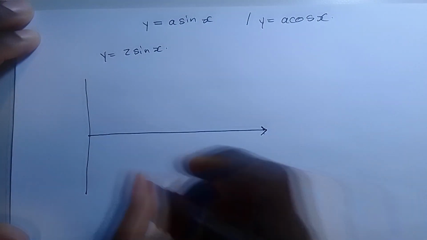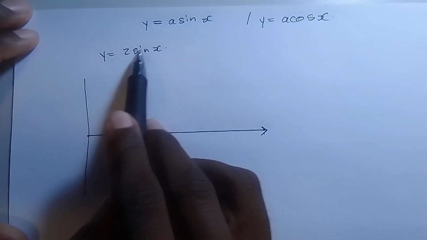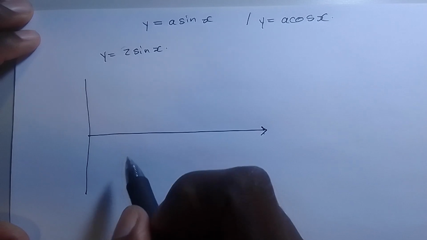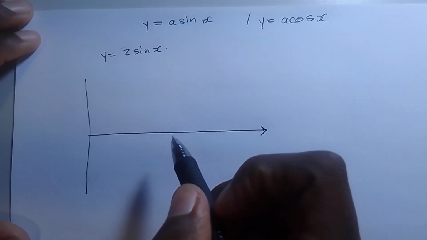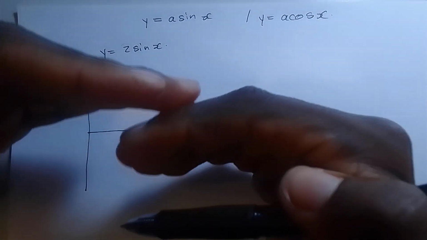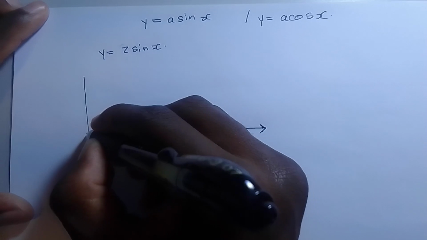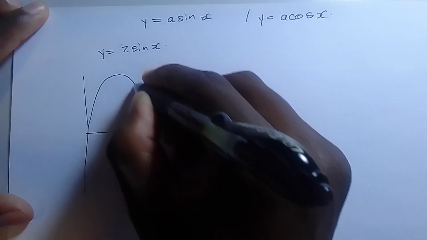Let's draw that graph. You have your x's, and then the graph, the only thing you put is the amplitude. It's 2 now, so it's going to look exactly like the mother graph. The only difference is it's going to be stretched vertically. Now your graph is going to look something like this.